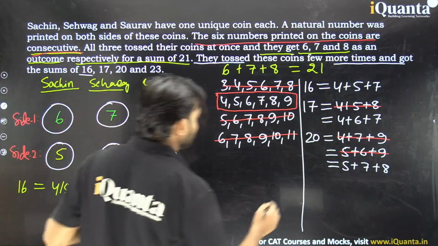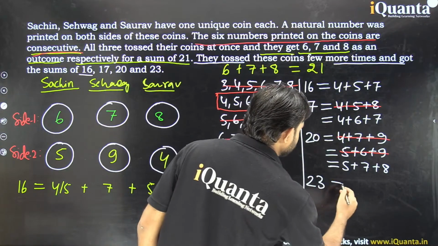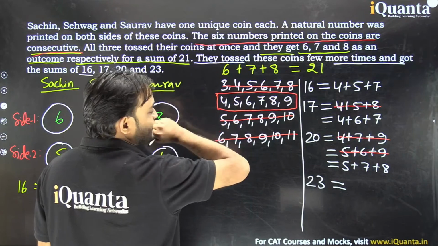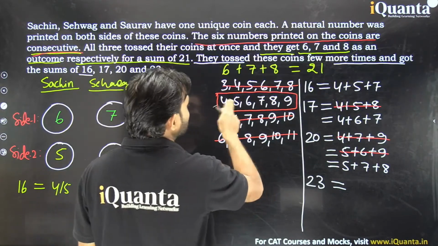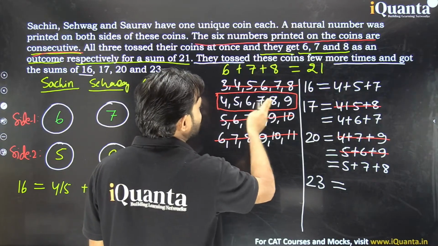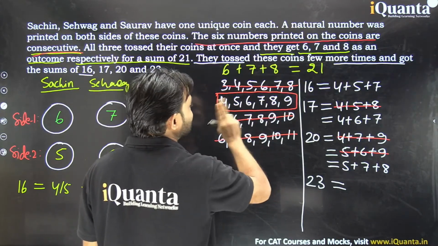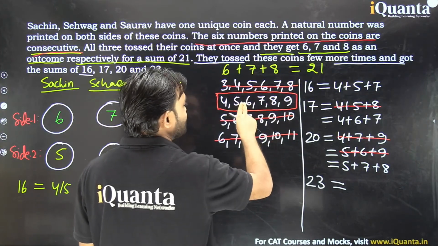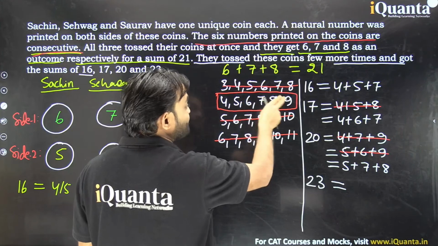We are getting one. 23, how do we get 23? So 4 plus 8 plus 9 not possible, 4 plus 5, 9 not possible, 4 plus 7, 11, 4 plus 8, 12 not possible, 5 plus 6 plus 7 plus 9, 20 not possible. So 6 plus 7, 13, plus 9, 22.